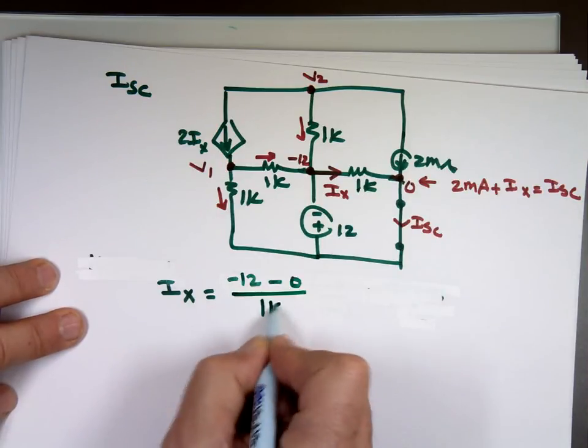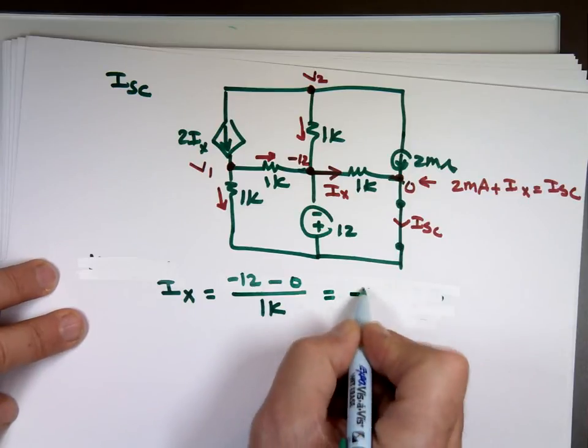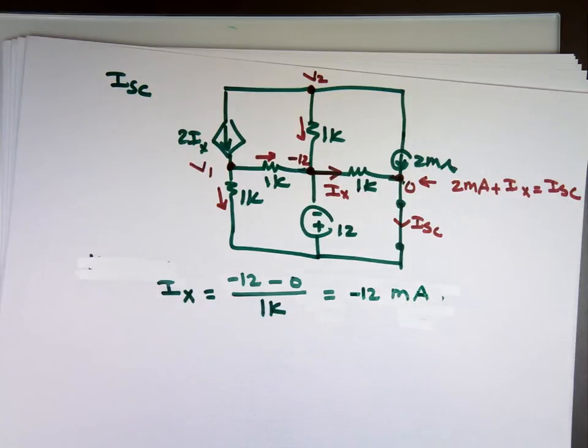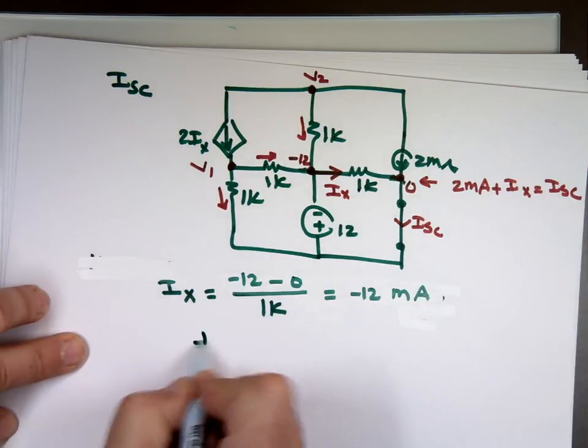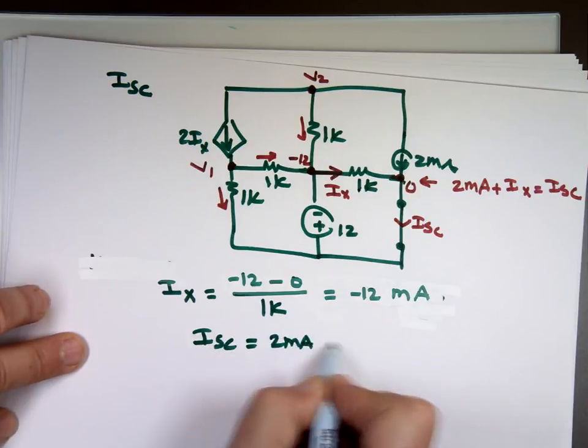And what do we get? Negative 12 milliamp. Done. I know I short circuit. I short circuit equals 2 milliamp plus negative 12 milliamp, which is what?